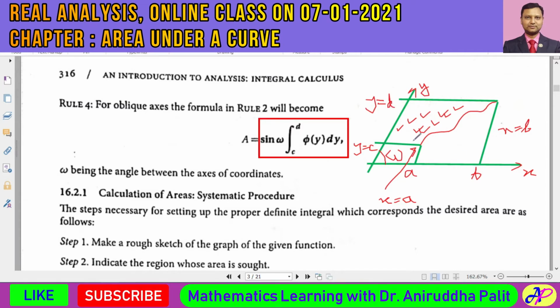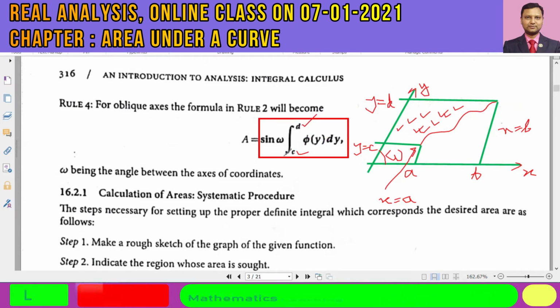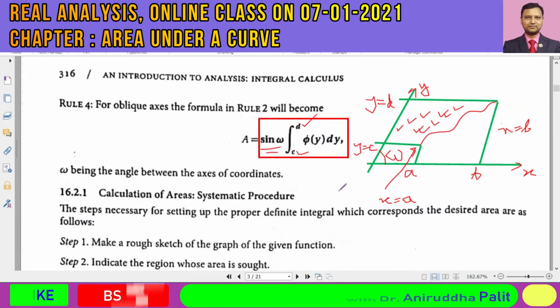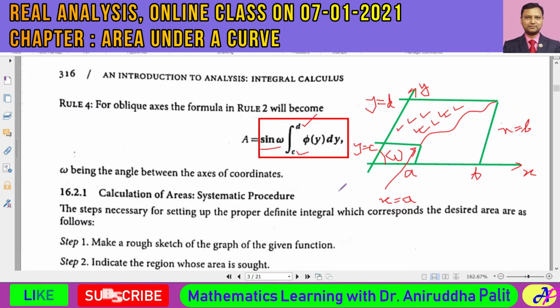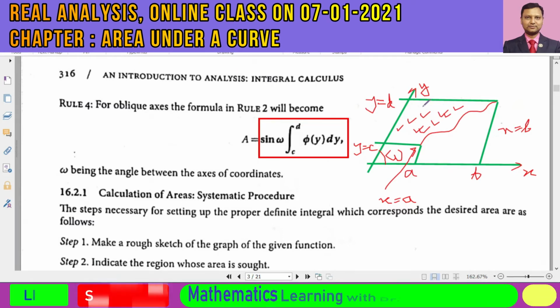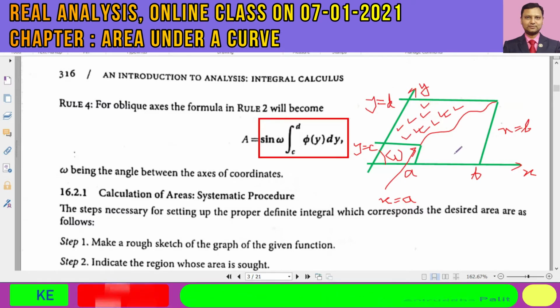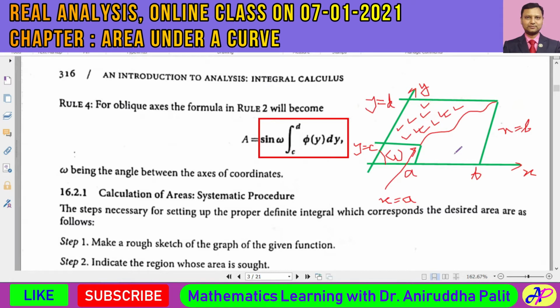So you will have to integrate from y is equal to c to y is equal to d phi(y) dy, and then multiply this expression by sine of omega. In this way, you will be able to compute the area under this curve. Got it? So this is the technique by which you can find the integral of this kind of curve.